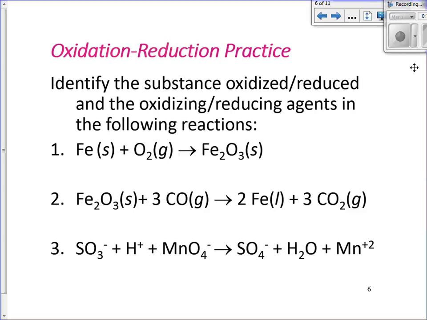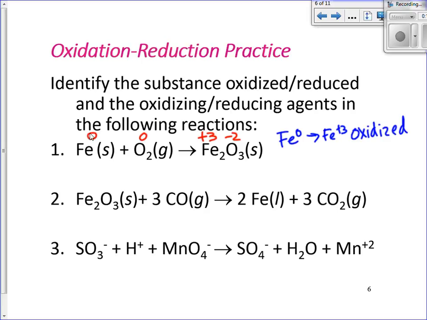Okay, so the best way to do this is assign the numbers. Okay, then it's easier to tell. Fe is going from 0 to +3, so it's being oxidized.